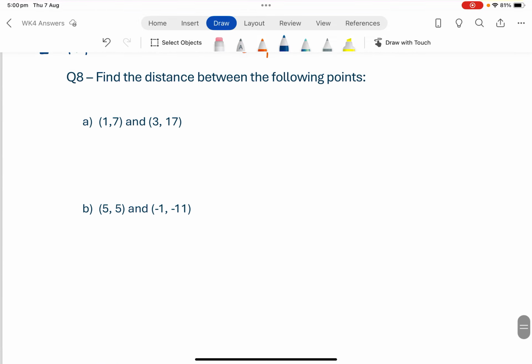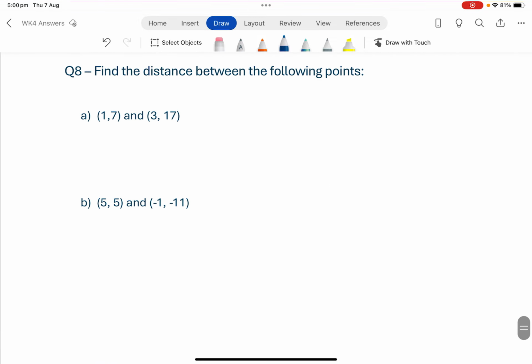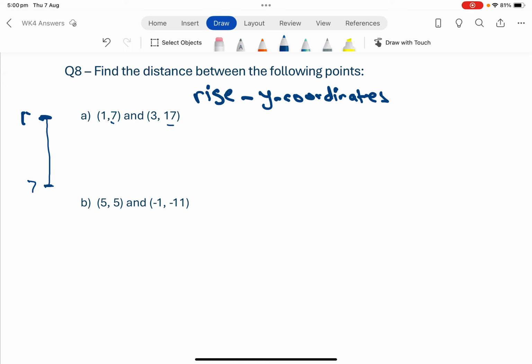Last questions. Same idea, but to find my rise and my run, it's a little bit harder. If we remember, my rise is the y coordinates. In that case, it's going to be 7 and 17. To go from 7 up to 17, I've gone up 10.